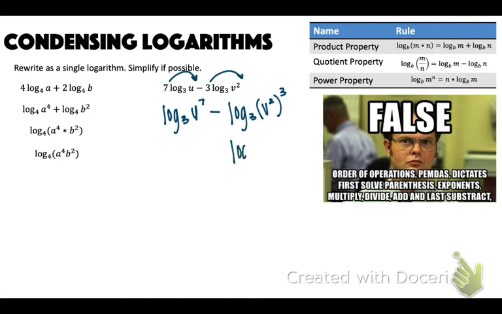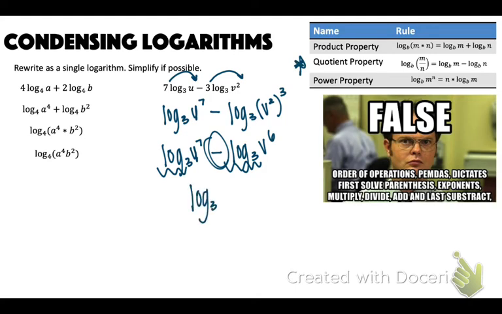So this is going to be log base 3 of v to the 6th, and then log base 3 of u to the 7th. Bases are the same, and they're being subtracted, which means we're going to use the quotient property. So then this is going to be log base 3 of u to the 7th over v to the 6th.